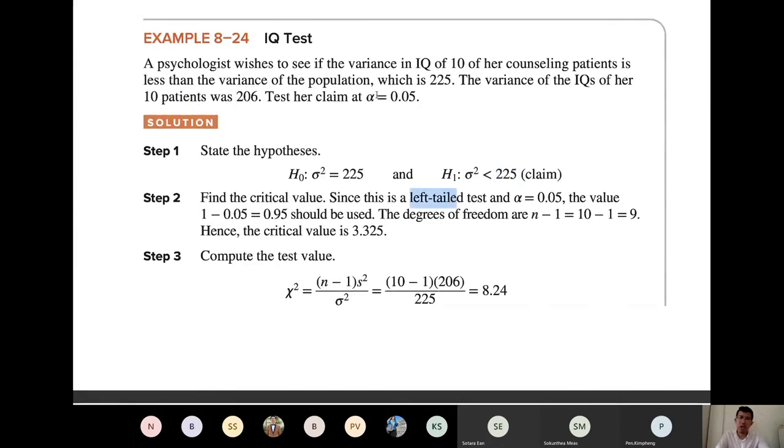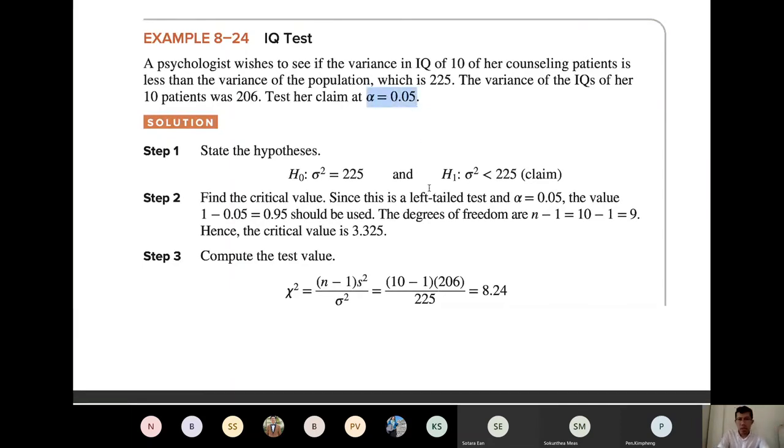And we want the significance level of 0.05. If you think of a confidence interval, the confidence level is 95%, which corresponds to the significance level of 0.05.